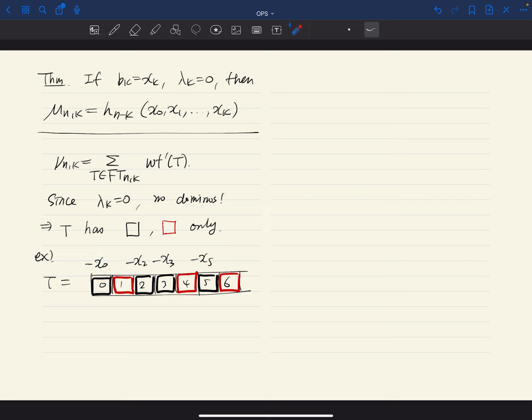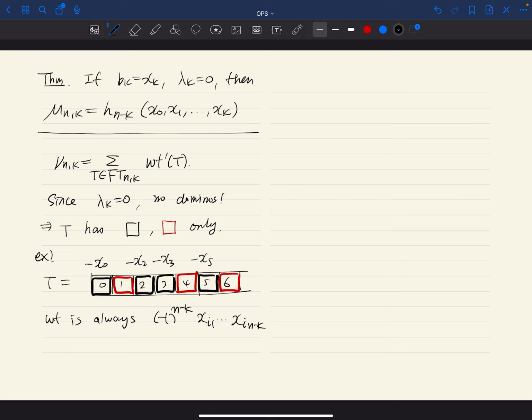So the weight minus 1 to the n minus k is the same, because the number of red monomials is fixed to be k, and the others number n minus k, so it's minus 1 to the n minus k. These times something like x_{i1} ... x_{i_{n-k}}.